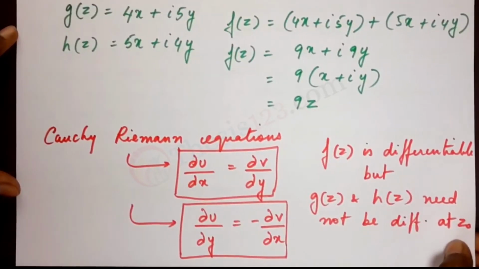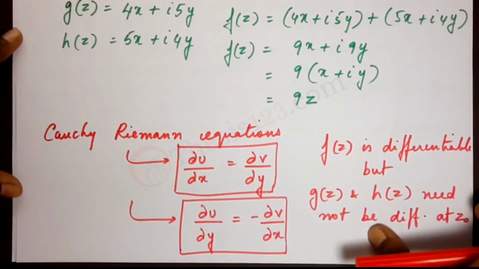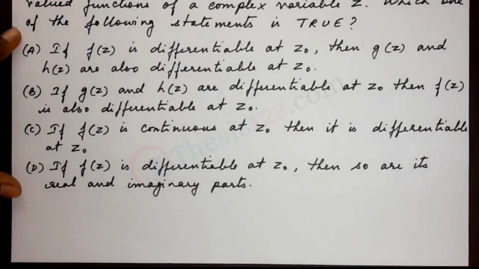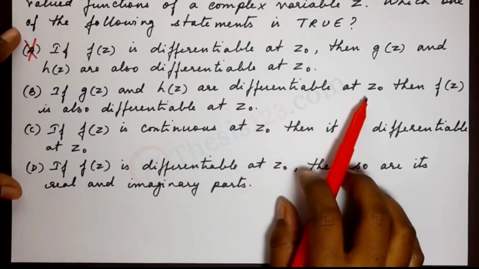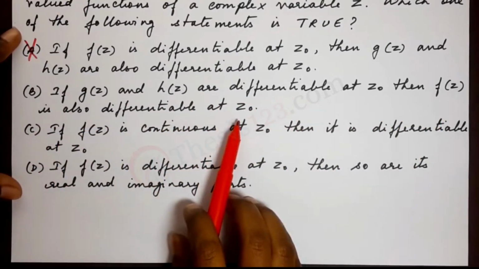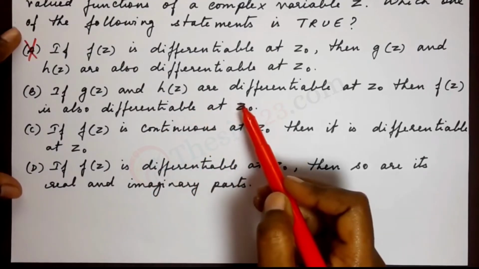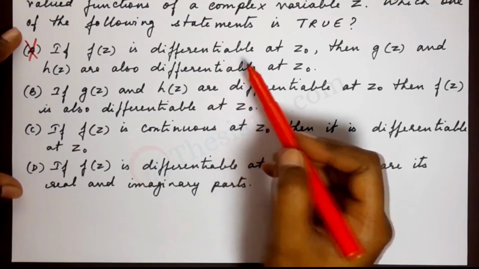It's not true. Now let's look at the second option. The second option says if g(z) and h(z) are differentiable at z0, then f(z) is also differentiable at z0. This is a sort of opposite of statement A.